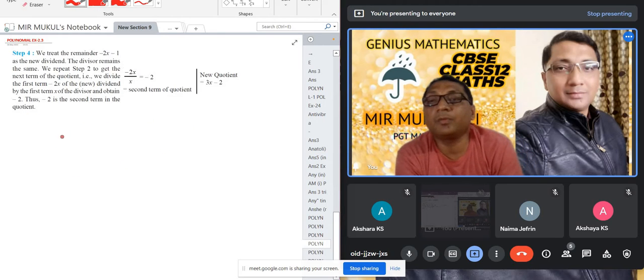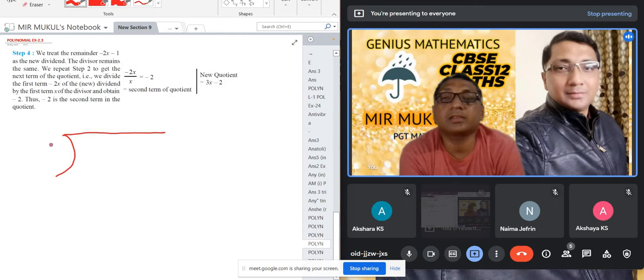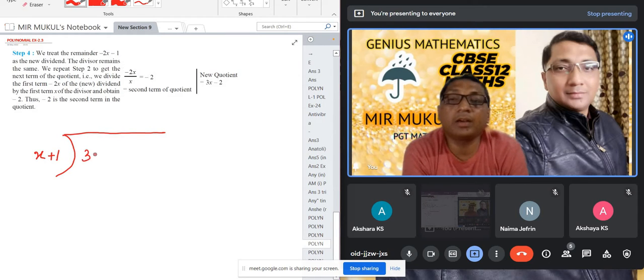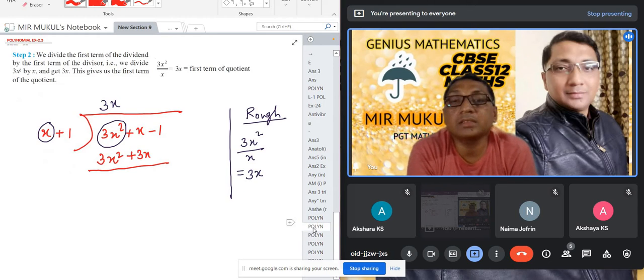So I am showing once again, just try to understand what we have understood. Here it was x plus 1, and our dividend was 3x squared plus x minus 1.